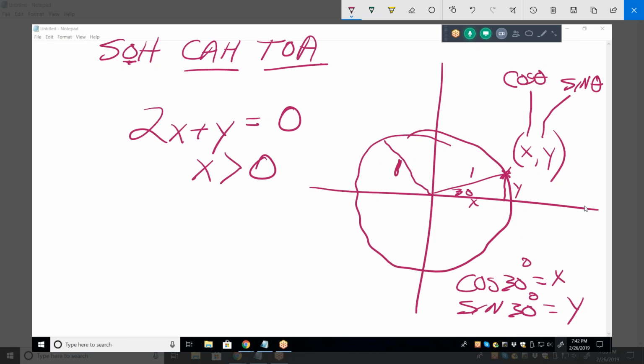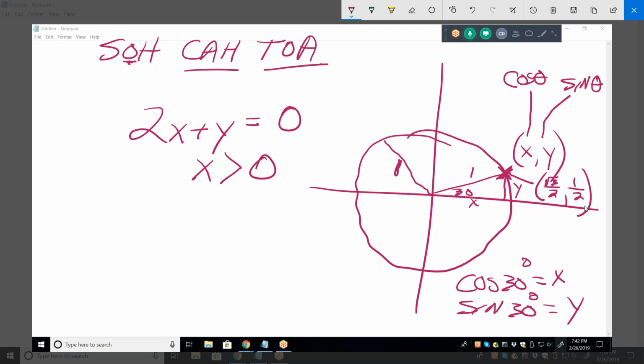Now, in this case, this point is not x comma y, it is the cosine of 30 degrees is root 3 over 2, and the sine of 30 degrees is 1/2. So that point right there on the circumference of that unit circle has those coordinates.